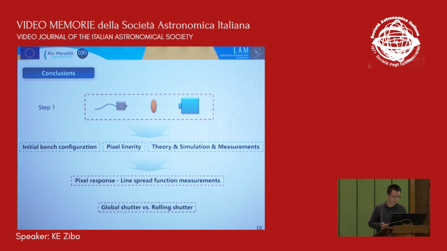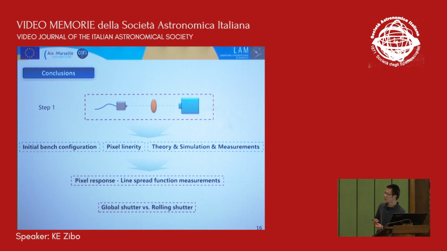And about the conclusion, now we have configured the initial bench, and we also measured the pixel linearity and compared the real measurements with the theory and the simulation. It shows a good match, and the next step is to test the line spread function measurement to acquire the pixel response.